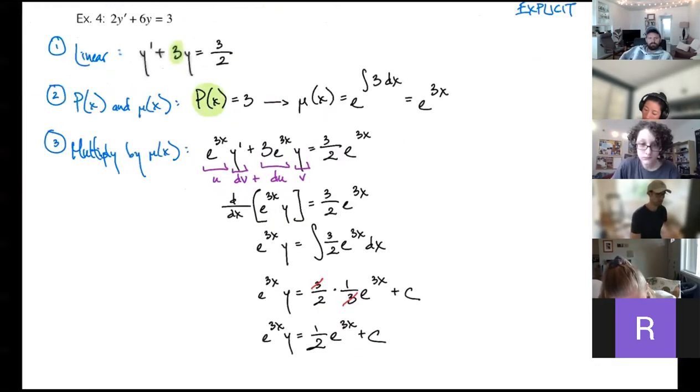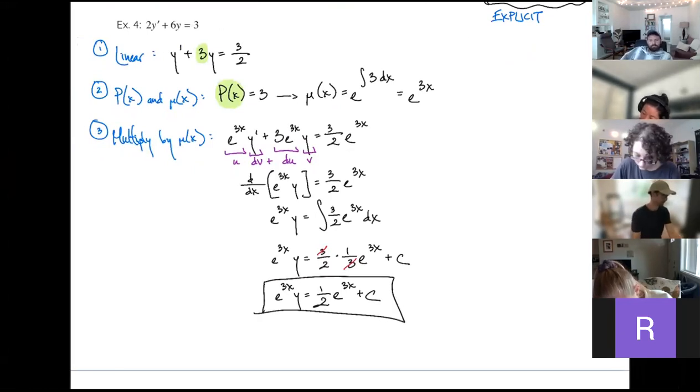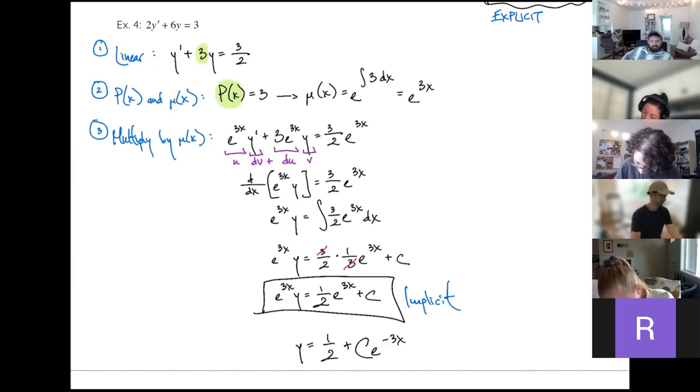Now we don't have any initial conditions, so we don't need a step 5. We could call it a day here, and we could specifically call this our implicit solution. If you want to solve for the explicit, you could divide through by that e to the 3x, and you'd get y equals 1/2 plus c e to the negative 3x.